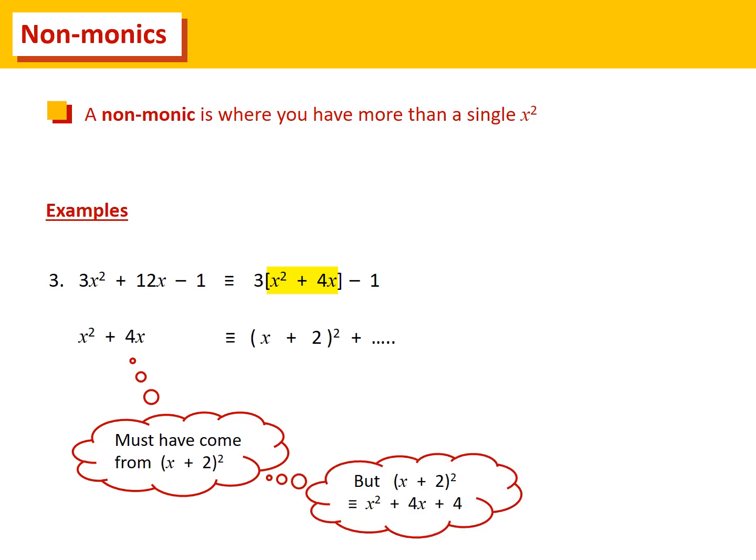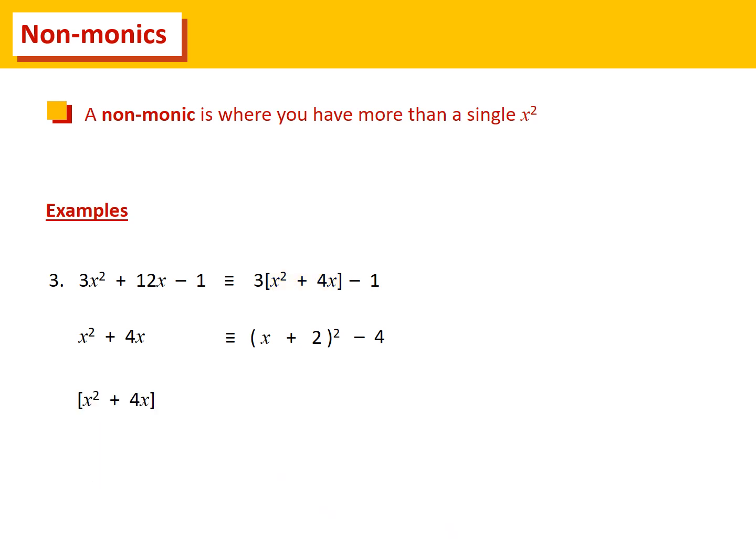but x plus 2 whole squared gives us plus 4. We don't have a plus 4 here, but we're going to get one on this side, so we need to balance this out by subtracting 4 from the right hand side. Those two things are now equal to each other. Now x squared plus 4x, we need 3 lots of that, so we need 3 lots of it at the front.